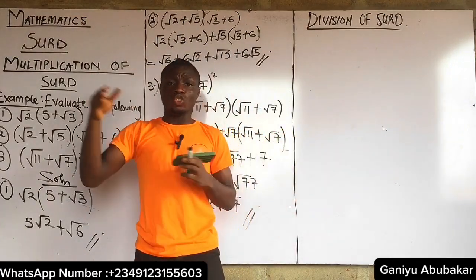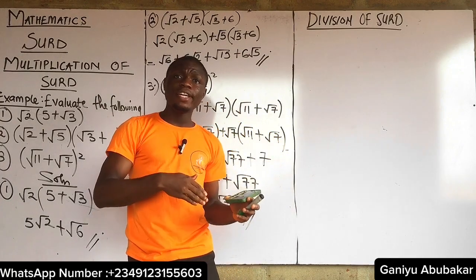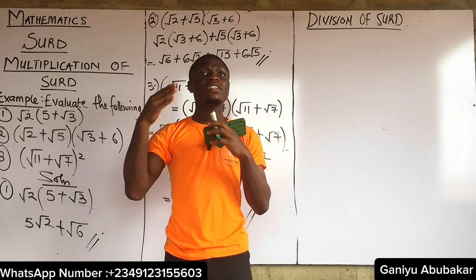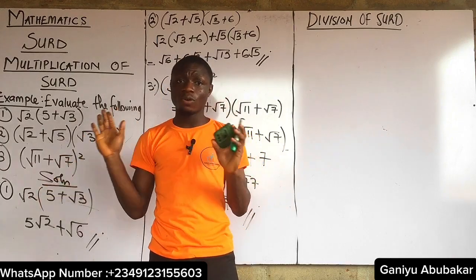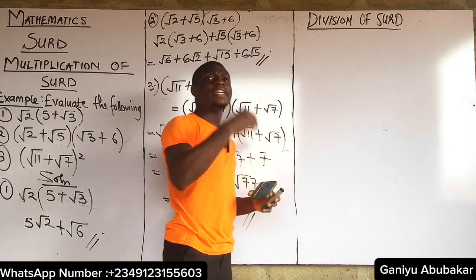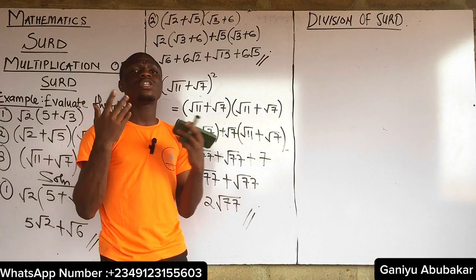Here is what you need to note when it comes to dividing two surds: to divide any two surds, simply rationalize. That's all. So what you need to note when it comes to division of surds is that to divide any two surds, you simply rationalize.